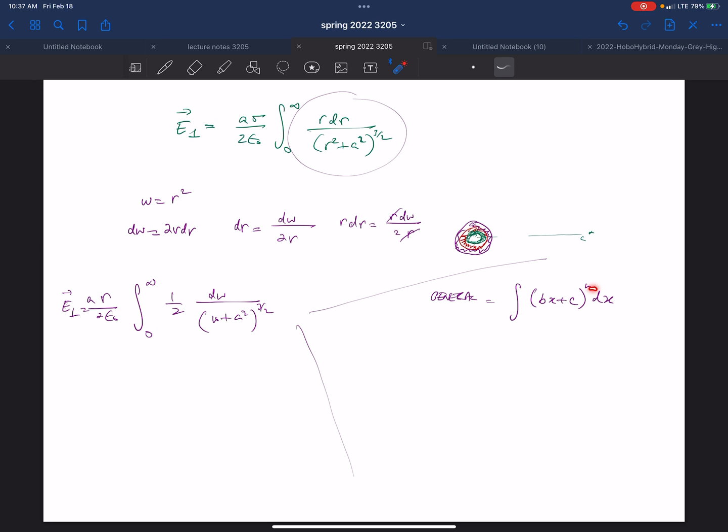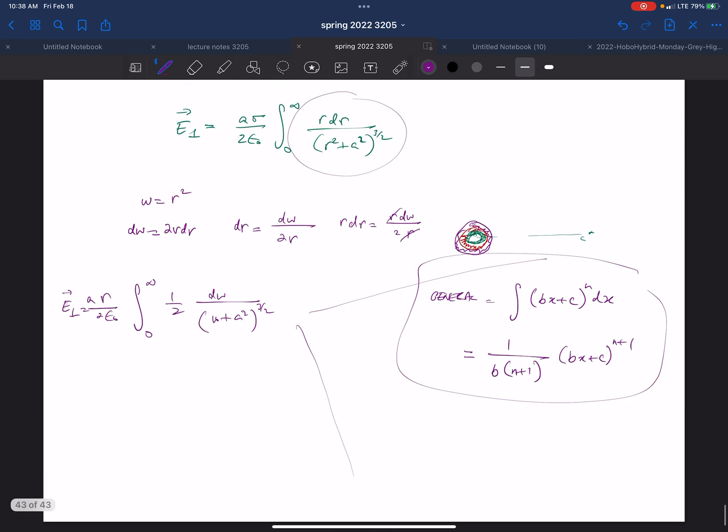You guys with me? So I found this in a table of integrals, and the solution to it is 1 over b times (n plus 1), times (bx plus c) to the n plus 1. I just looked this up. I didn't do any magic.